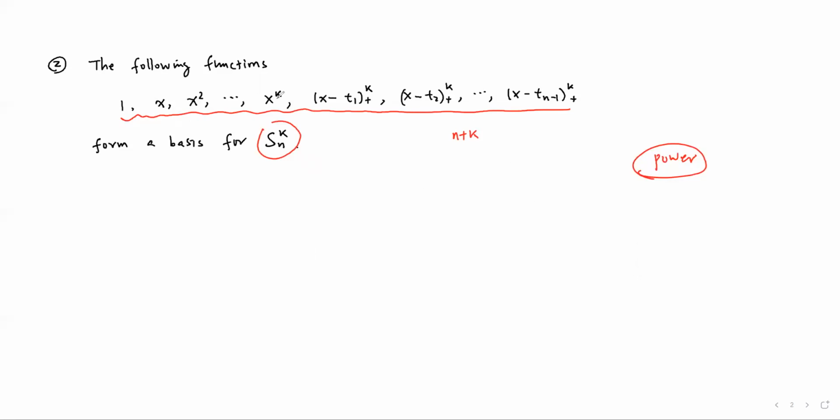Because when there are powers, when x is large, greater than 1, the power makes the function values increase exponentially. When x is less than 1, they decrease exponentially. So the magnitudes of function values in this space are of different orders.